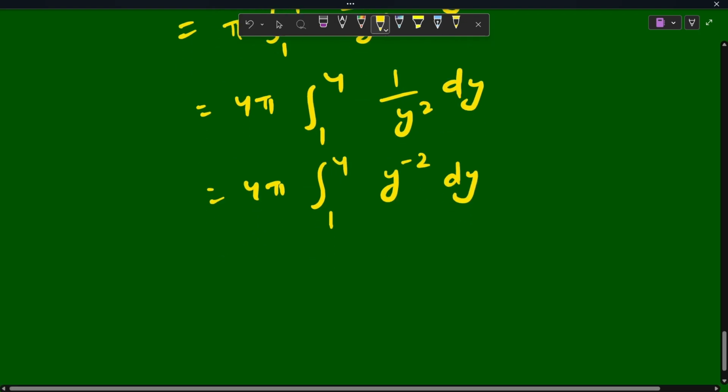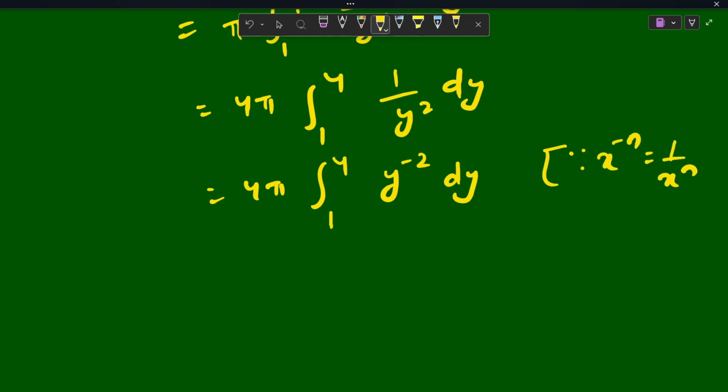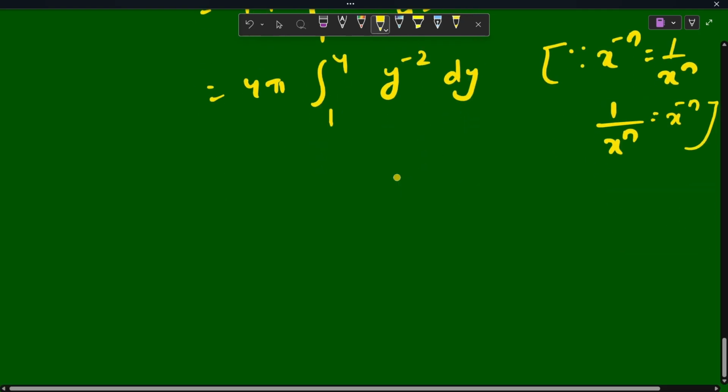Okay, if you remember the formula from previously, where x to the power minus n is 1 by x to the power n, similarly if it is 1 by x to the power n, then when it goes to the numerator, it will be minus n. So x or y, whatever the variable, it will always be the same. Now what is this value? It is 4 pi, and now the integration.